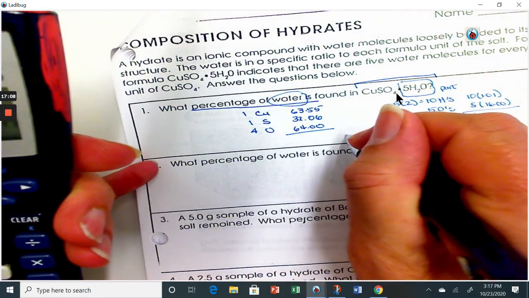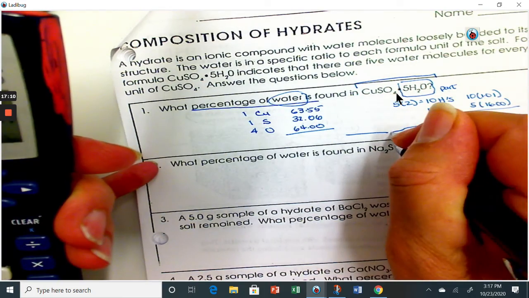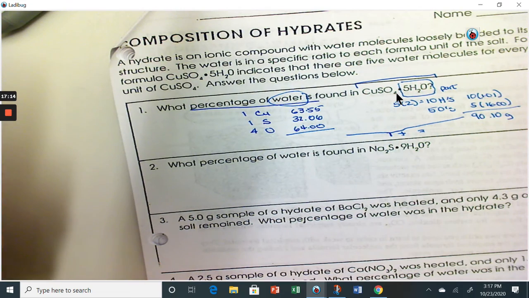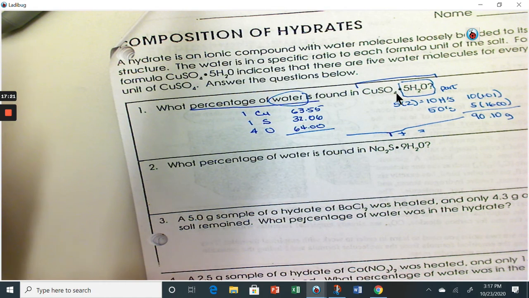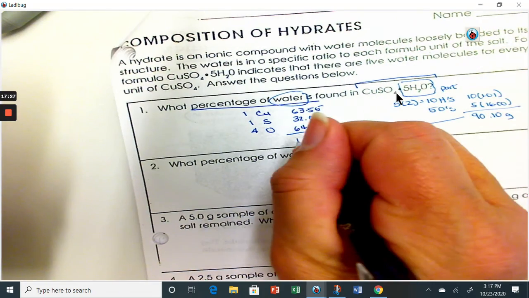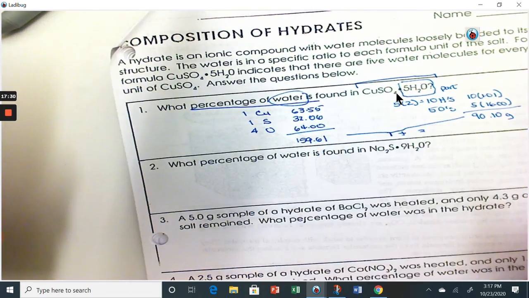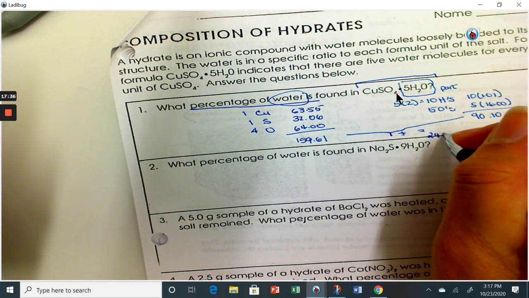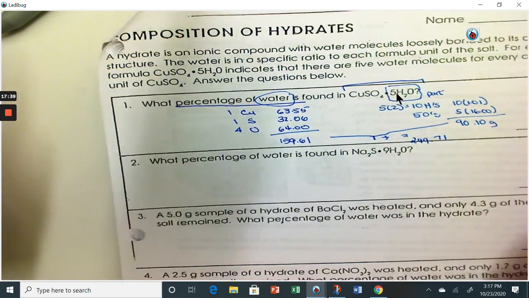So that's why I do this thing where I add them together. So it's 159.61. We're going to add 90.1 to that, so the total is 249.71.